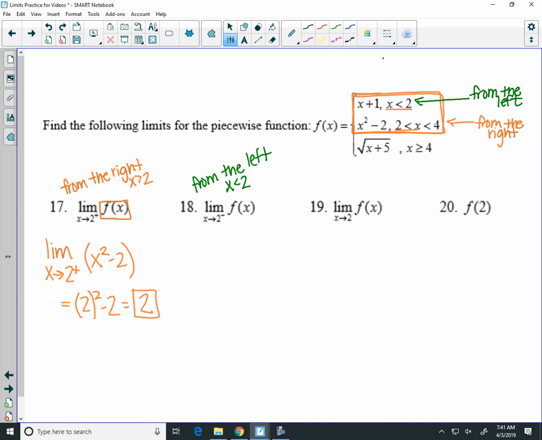But here we're looking at 2. So our f of x was this whole thing, but if we're evaluating 2 from the left, then we're going to use x plus 1. And again, the math is easy. 2 plus 1 is 3.